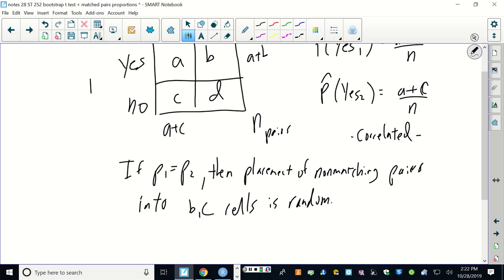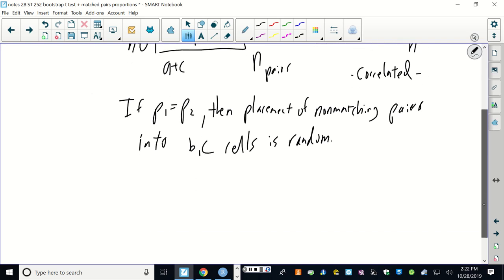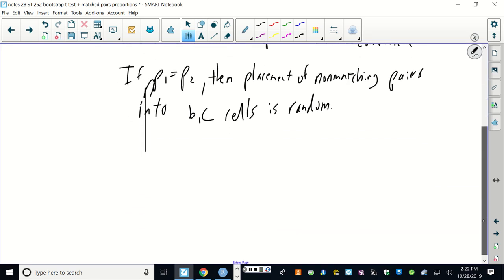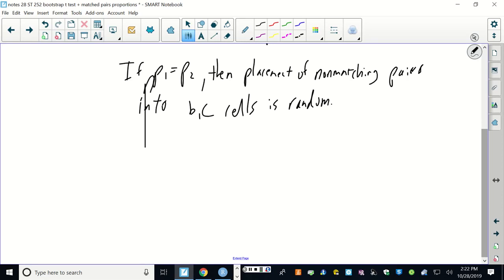So testing this with these correlated proportions, we actually redefine things. We're going to ignore the places where they do the same. We're going to let N prime, the number of non-matching pairs, be what we're going to deal with.